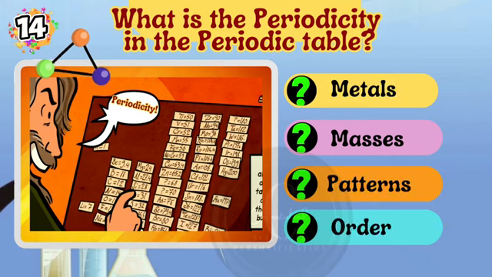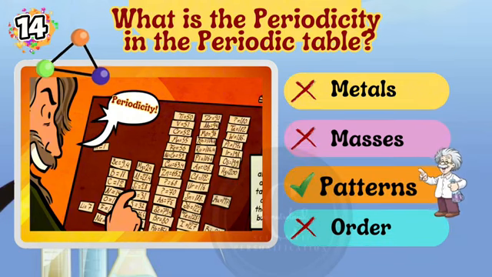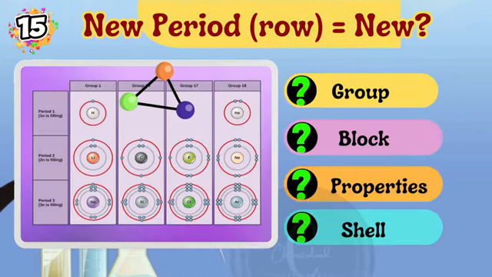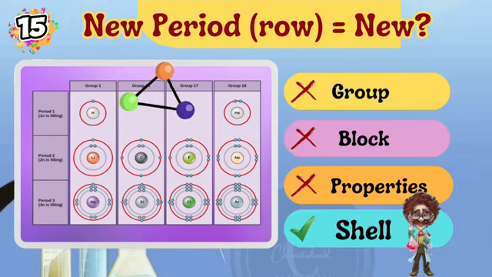What is the periodicity in the periodic table? Yes, it is. Pattern means something repeats after fixed interval. Here is tricky question. New period row is equal to new... Shell is the correct answer.